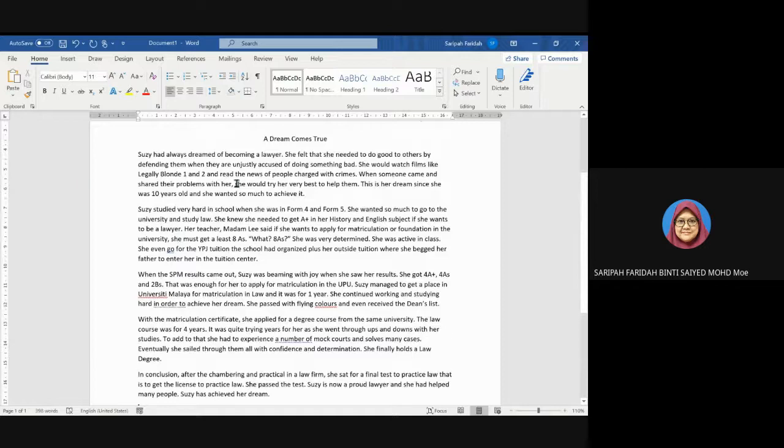Now, this is a dream since she was 10 years old. For paragraph 2, you put cohesive devices. For example, it doesn't have to be at the first sentence. Suzy studied very hard. No, you can do this.